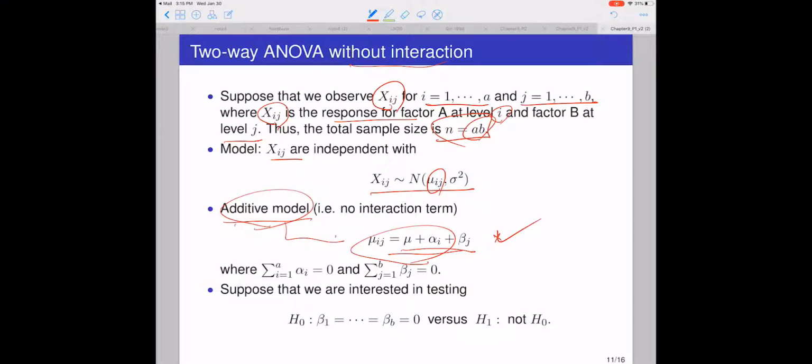The additive model means that there's no interaction term.